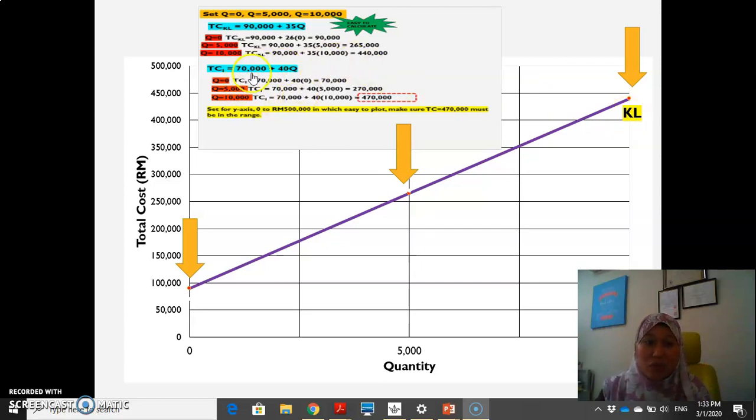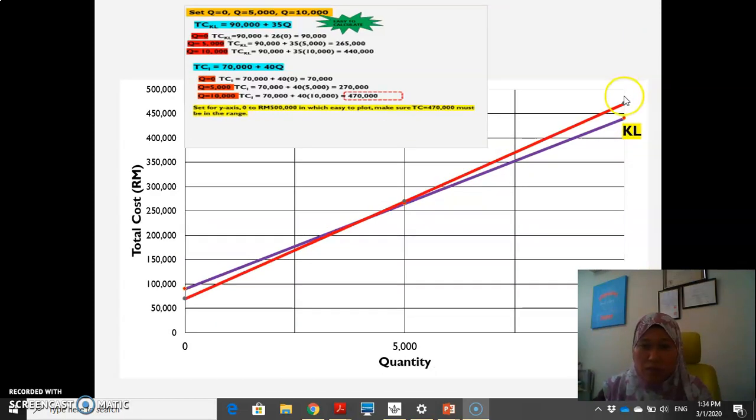Next we're going to do EPO. Again, you will plot these three coordinates in the graph. The first one is when Q is 0, it's 70,000, and then when Q is 5,000, it's about 270,000, about here. And this one is the maximum: when Q is 10,000 it's going to be 470,000, I think it's about here.